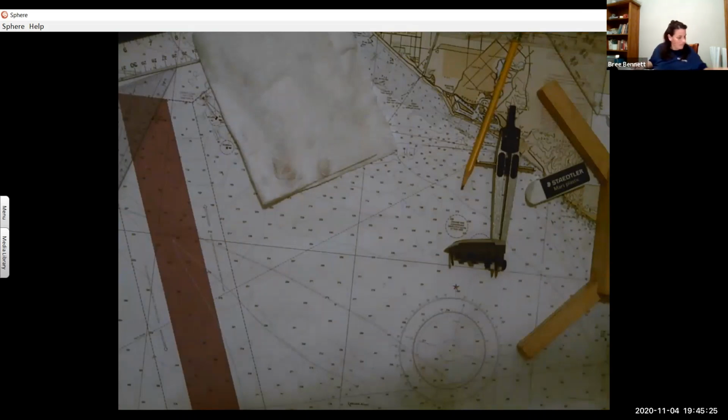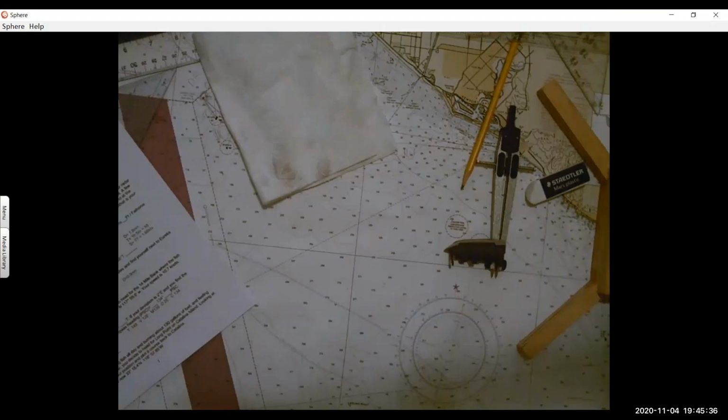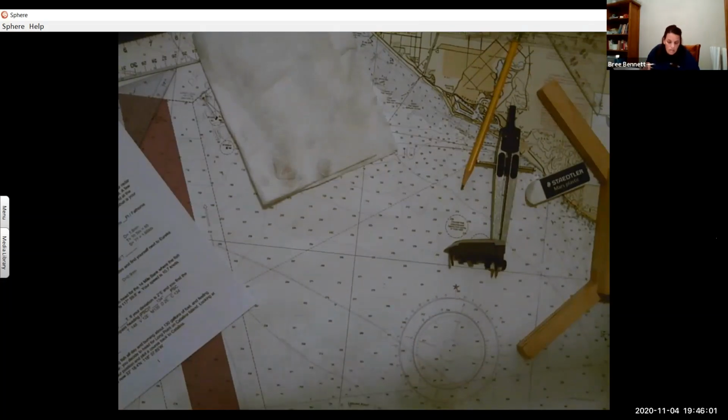So we have 33 23.9, and then we have a longitude of 59.8.